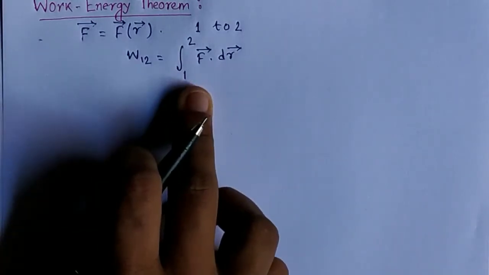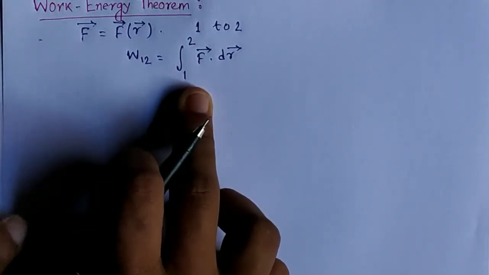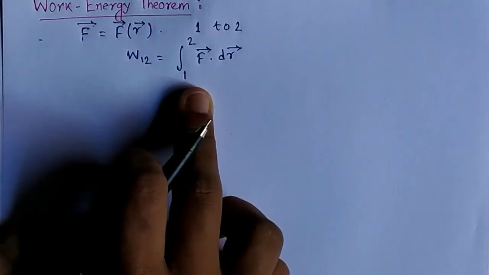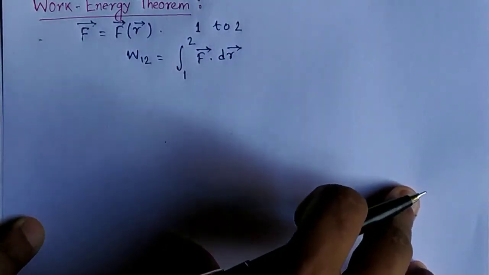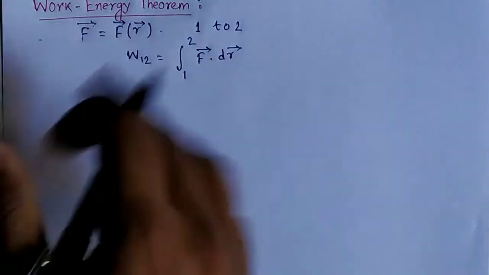This integral F dot dr is known as the path integral of the force, and it represents the integrated effect of a force F over this space.